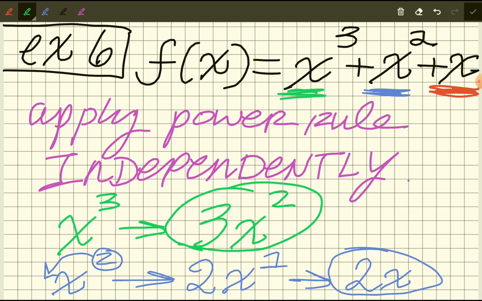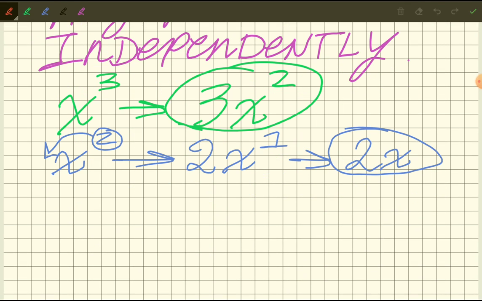Okay, and last one, x. It looks like the easiest, but isn't that really just x to the 1 power? And also, isn't there another invisible 1 in front? So now let's follow the power rule, just like we've been doing. Remember, we multiply this exponent with the coefficient.